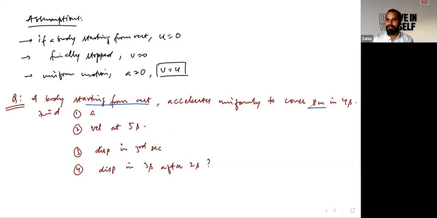It covers 8 meters, means s is 8, and time is 4 seconds. So by knowing these terms, try to find first the acceleration using the second equation of motion. And try to solve the rest of them further on your own.